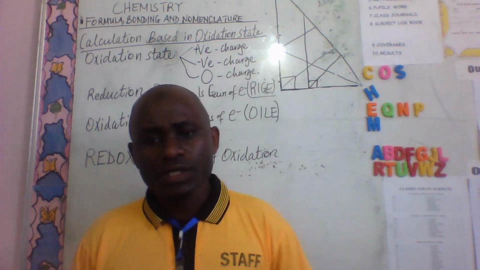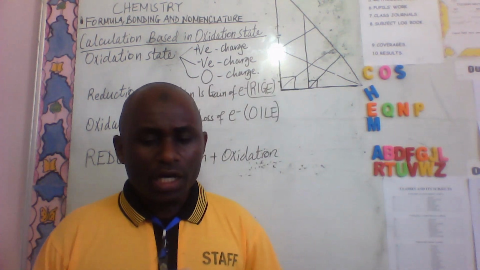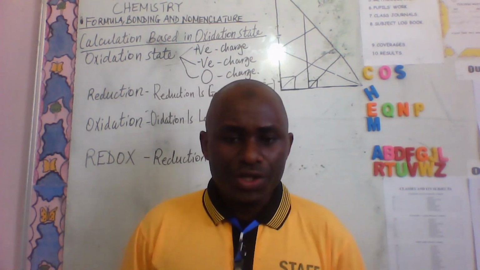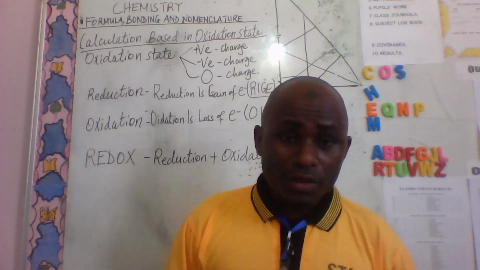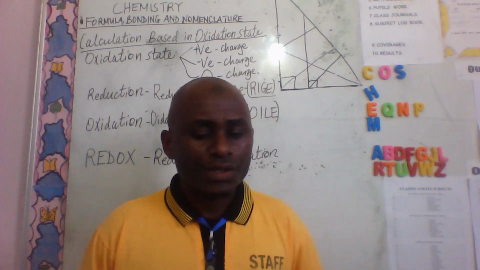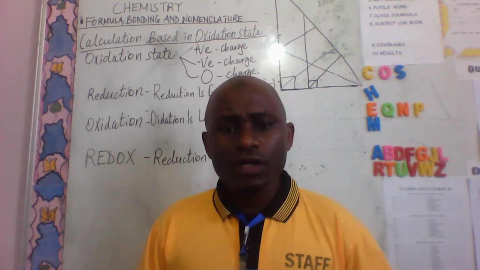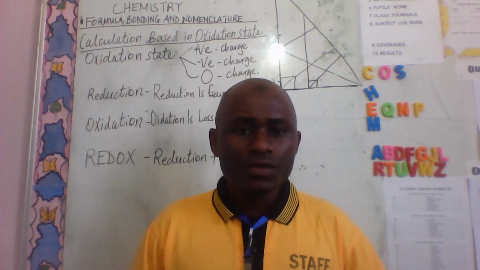You can say that oxidation state can be assigned to either neutral or charged compounds or elements. Due to this, we have charged oxidation states and neutral oxidation states, as well as charged compounds and neutral compounds.